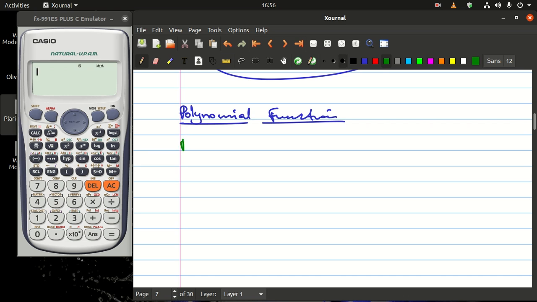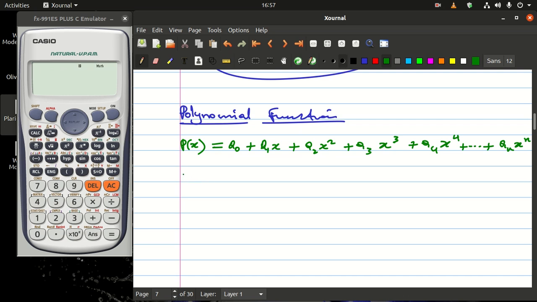If you have a function p of x, and this function is written in this format: a0 plus a1x plus a2x squared plus a3x cubed plus a4x to the power 4 plus and so on, up until you arrive at some n. We don't know what n is. So if you have a function that is written in this format, then we say it is a polynomial.